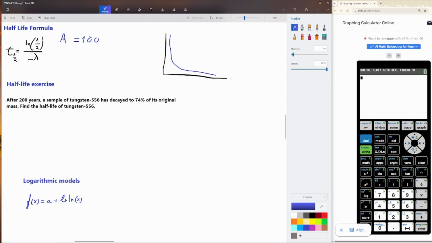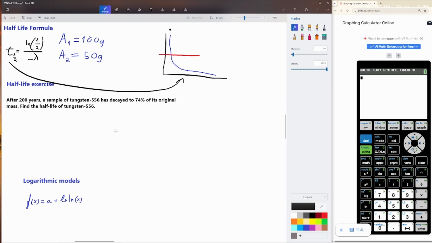This is your A, and it's 100 grams, and the half-life formula means that you're searching for when the weight of your material is actually half of this. So you're searching for the time when the material has become half of the maximum, and usually it's somewhere here.